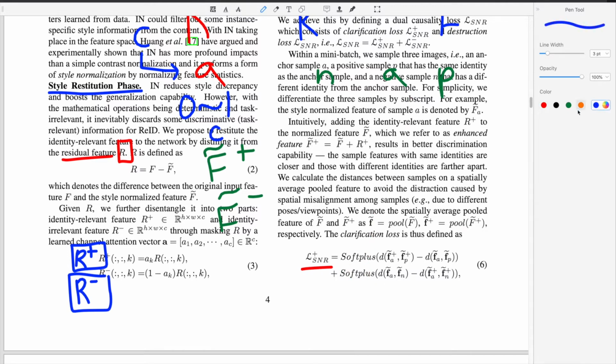So to minimize this plus SNR loss, it basically means that we want this term to be bigger than the term on the left here, and we want this term here to be bigger than the term here, so that we can minimize this SNR plus loss. So what does it mean by this? Basically, the plus features, or the enhanced features, should have a smaller distance between the same identity than the features without the enhancement, or without the restitution.